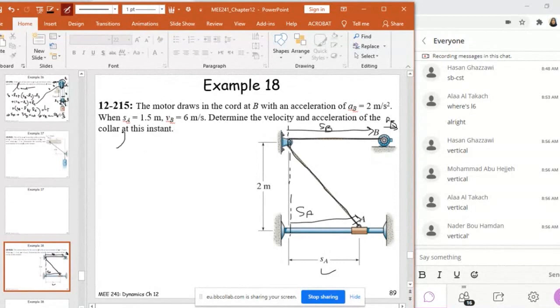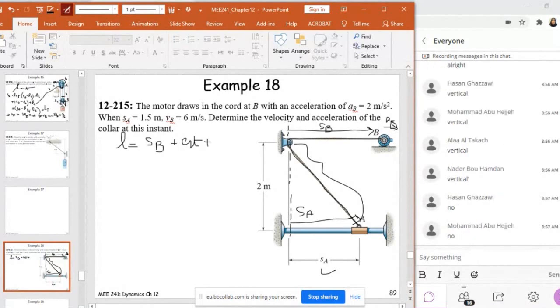Now the second step is to find the length of this rope, which is what? Which is SB plus a certain length here, which is constant, right? Plus what? What is this length here? Is it SA, guys? Is this SA? No. Plus, I'm going to call this S prime, which is the oblique distance here, right?